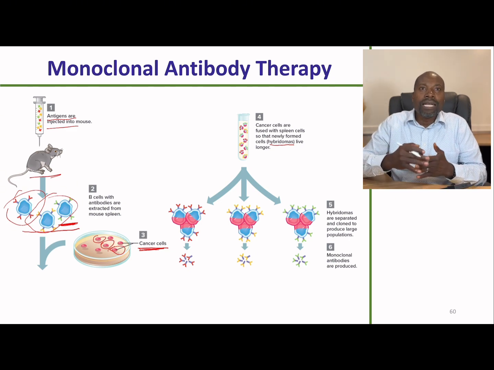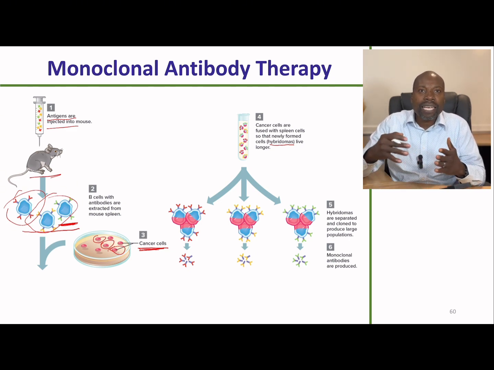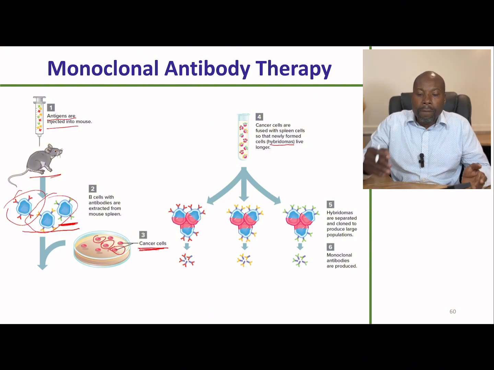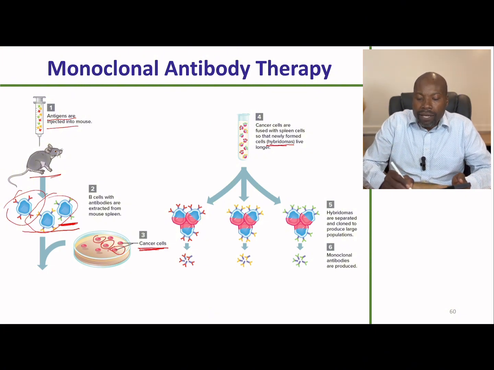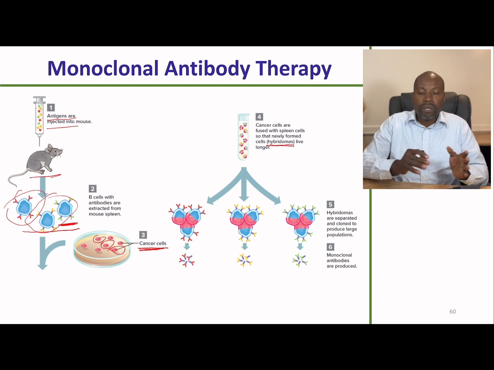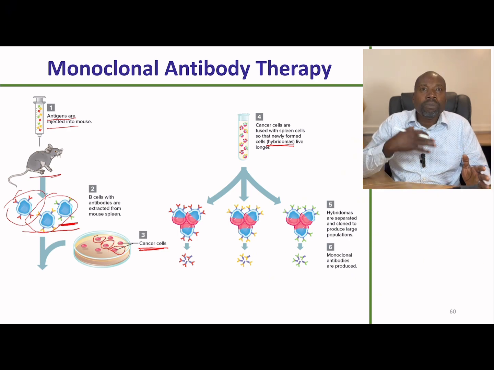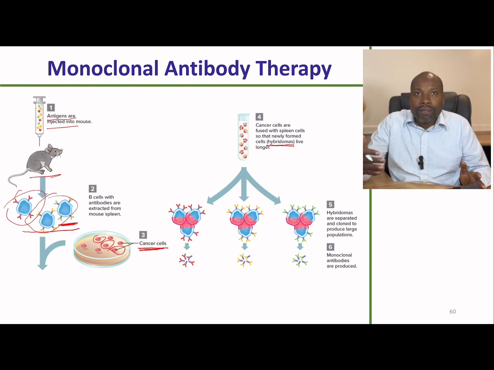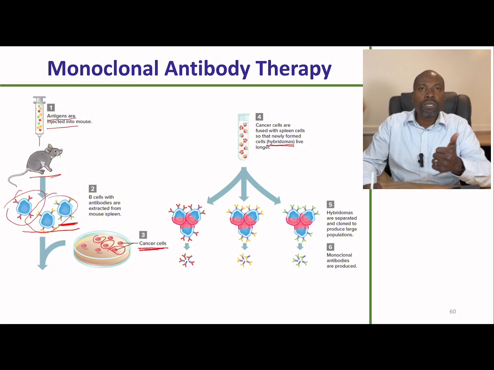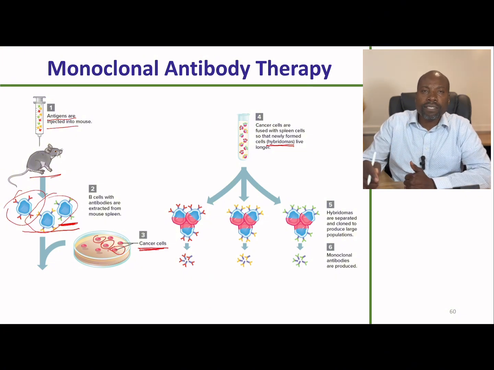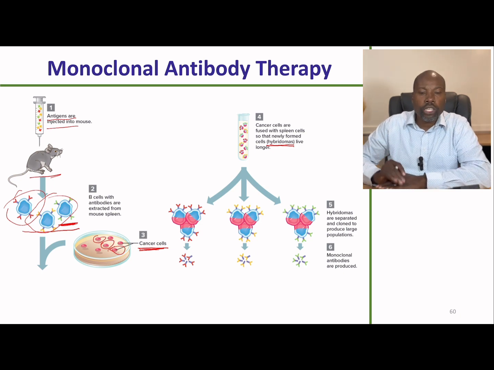So there is a limit as to how many times they can divide, right? But the case of hybridomas is going to give them an advantage to be able to multiply for many cycles without dying. So that's one. Two, we can preserve the cells for a long time and bring them back and culture them.